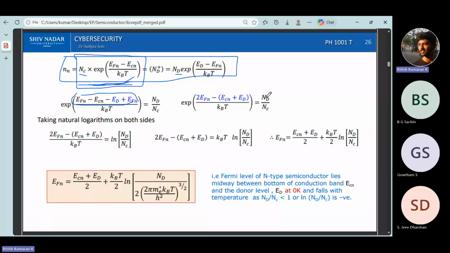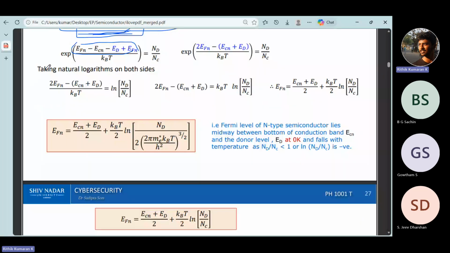Now I have to remove the exponential, so you take logarithm on both sides. You will end up in this equation. Just bring the kBT over here. Next, push this minus sign to this side, then take LCM, and you will end up with this beautiful equation of the Fermi level for N type.